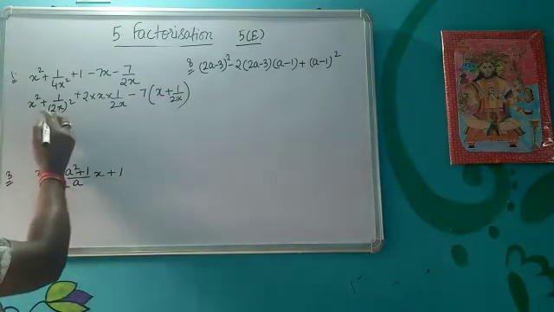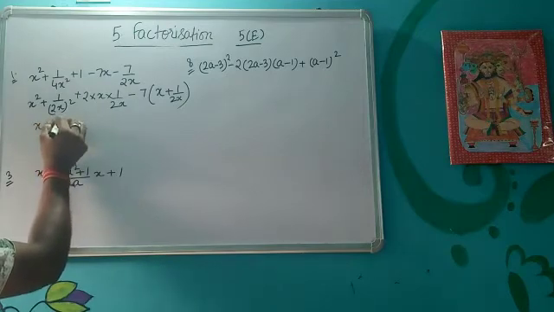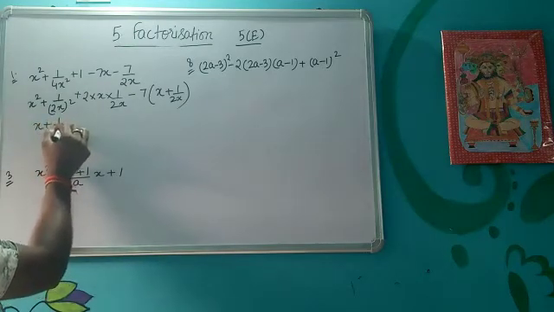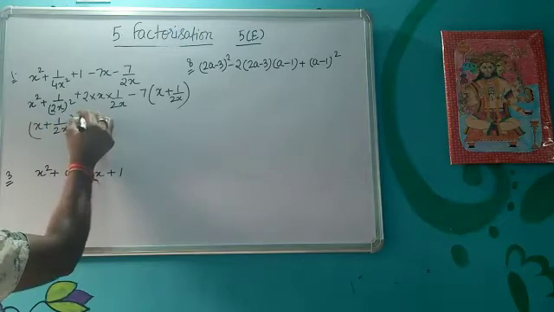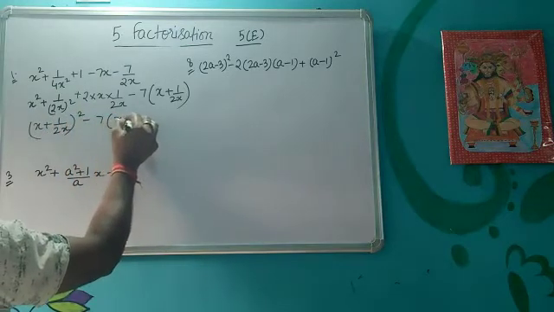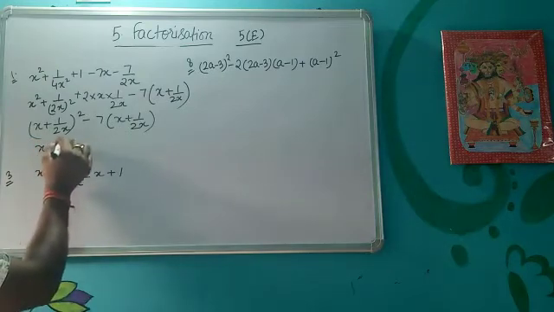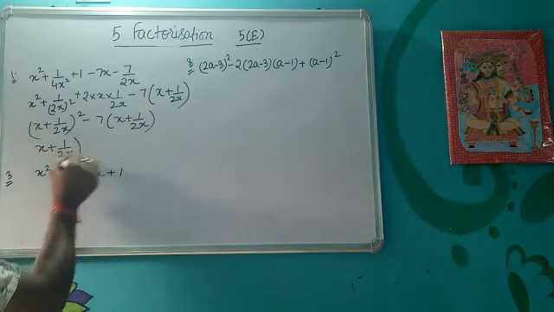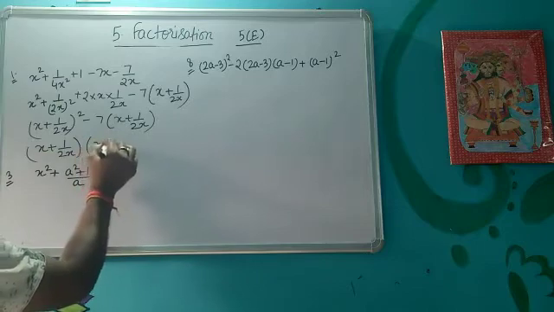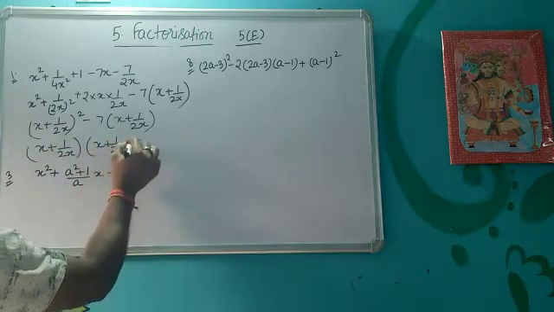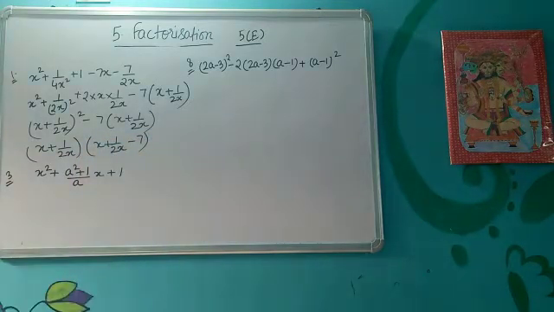So now this expression is actually x plus 1 upon 2x whole square minus 7 into x plus 1 upon 2x. So x plus 1 upon 2x will come out in the bracket, minus 7 will be left.